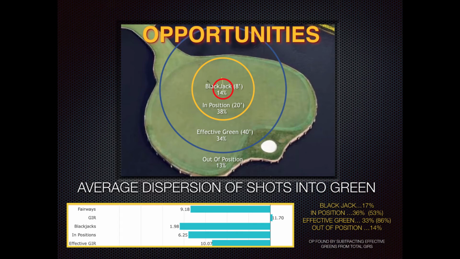These should be birdies, and these are predominantly birdies, and these would be your 3-putt opportunities. Your in position and effective greens neutralize each other as well. These are trends that we're starting to see. We're doing more research in it, but it gives you a good idea of how the player is going. And if you do this math with your play, you can see if there are areas that they're really struggling in.